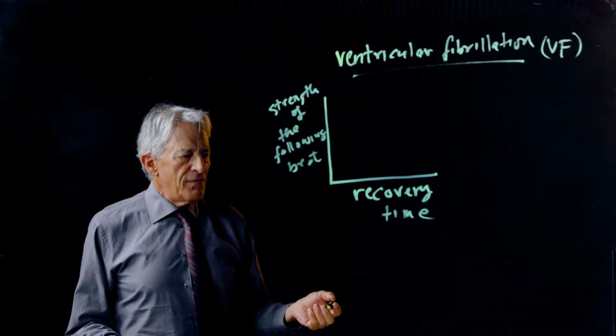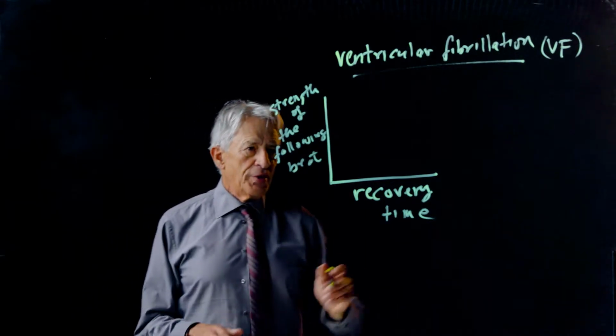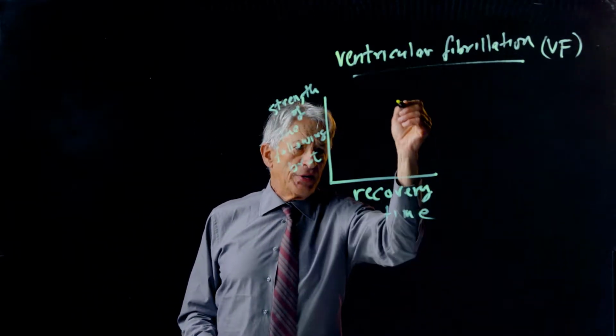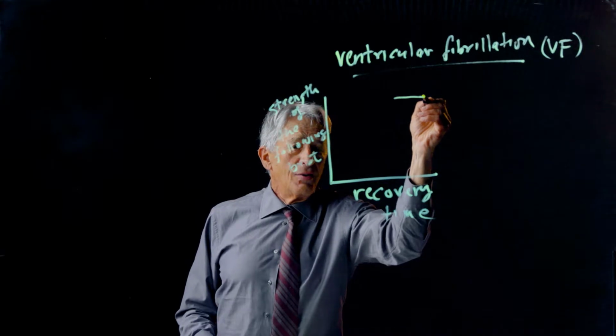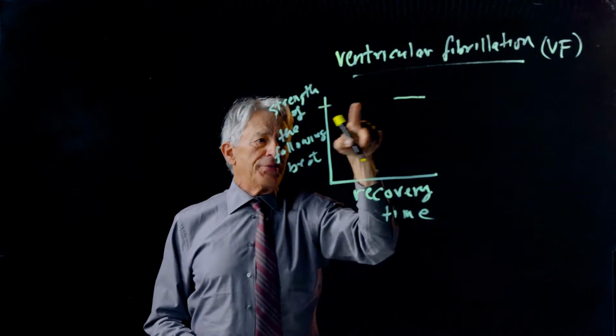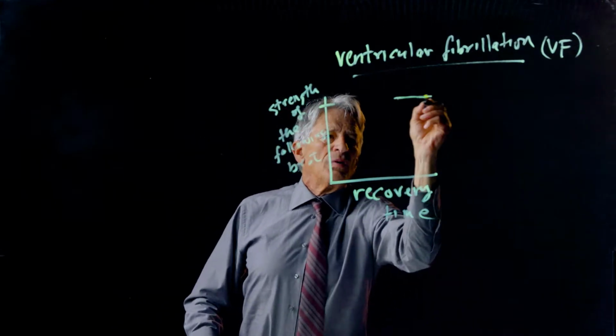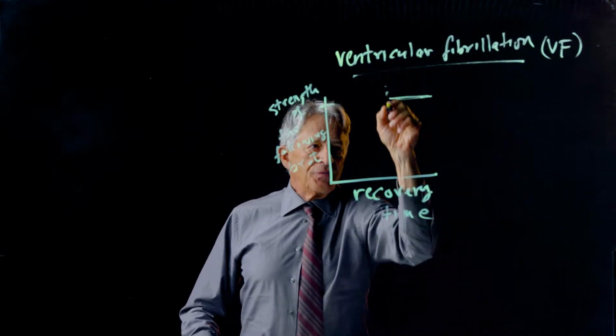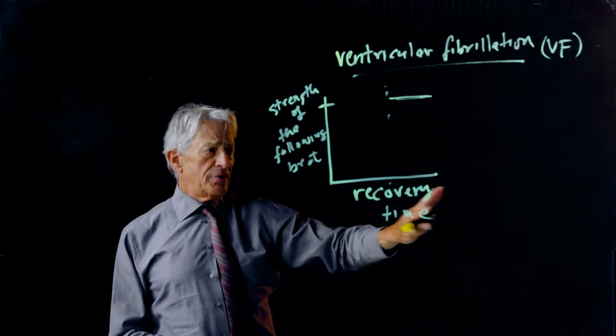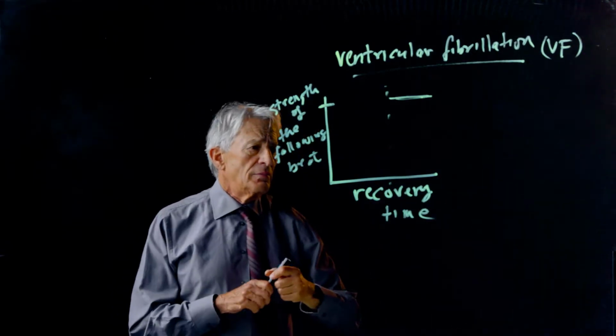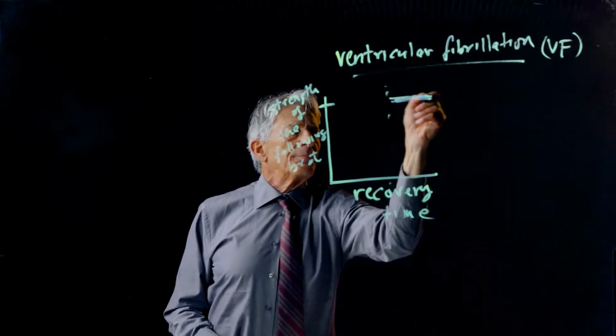So if the recovery time is nice and long, we're going to get a full strength beat. Let's say this is full strength right there. And that's going to be true for long recovery times. Let's put that in a different color.